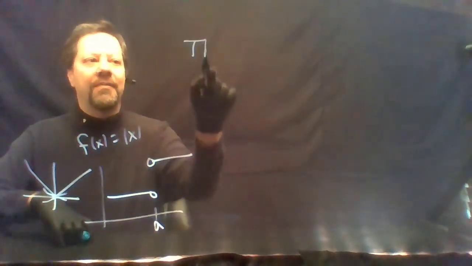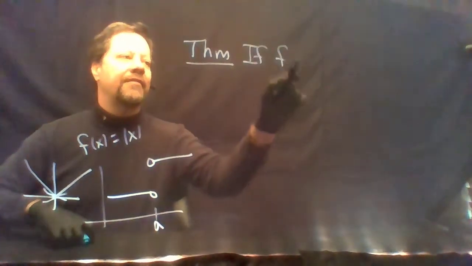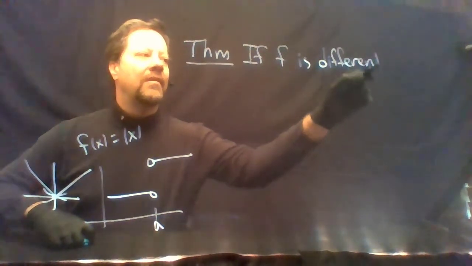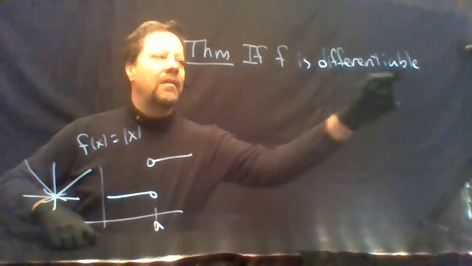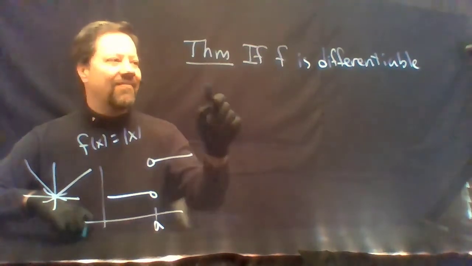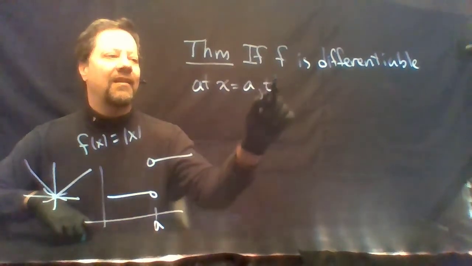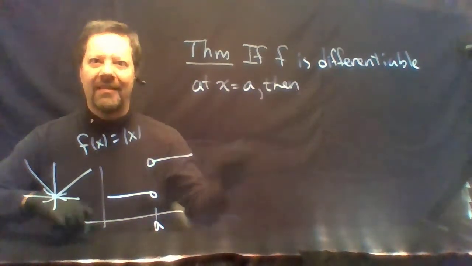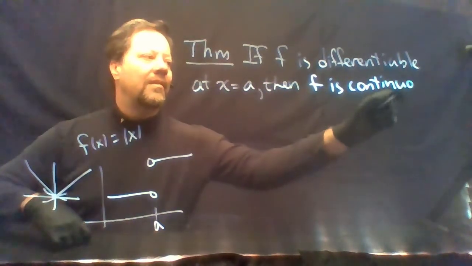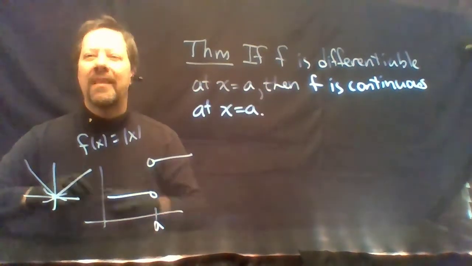We have the following theorem, though. If f is differentiable, meaning the limit of the derivative actually exists at x equals a, then f is continuous at x equals a.